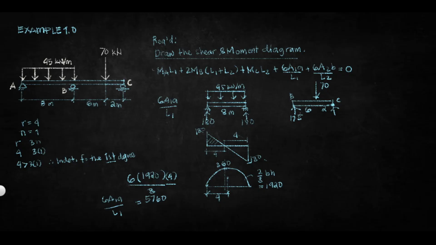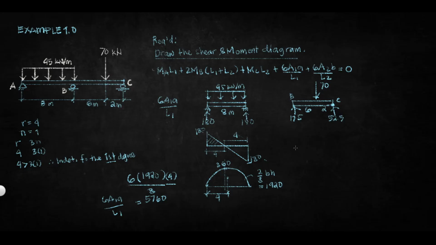And then for the next, yung ating C, 52.5. Pag in-add natin, 17.5 plus 52.5, we have 70 here.